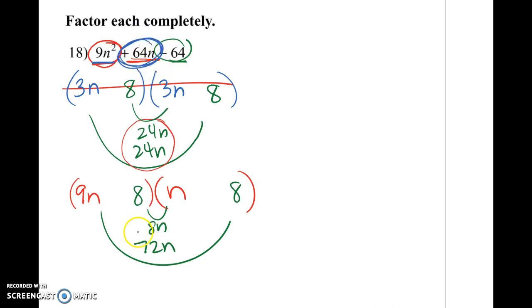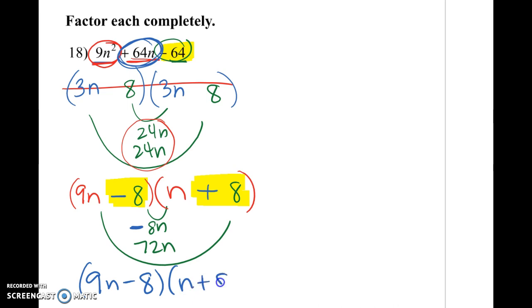So in fact, if I have 72n and I subtract the 8n, I will get positive 64n. So that means my sign here has to be negative and my sign here has to be positive. Now remember, I always say to check your signs. So will a negative 8 times a positive 8 still give me my negative 64? And it will. So my factored form is 9n minus 8 times n plus 8.